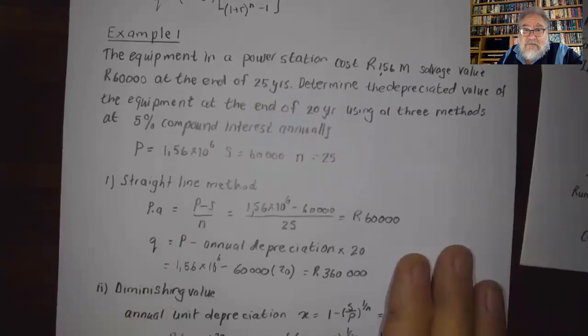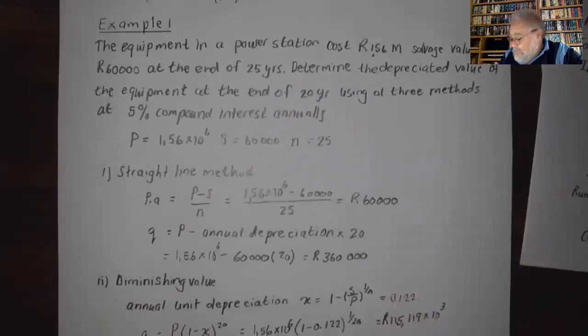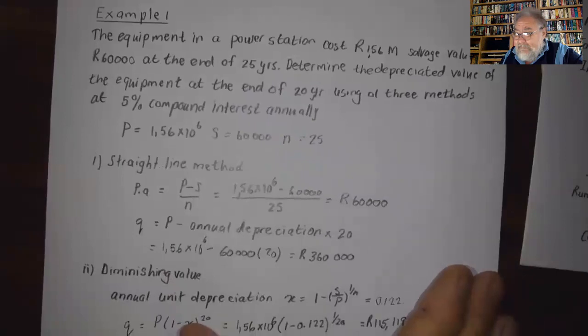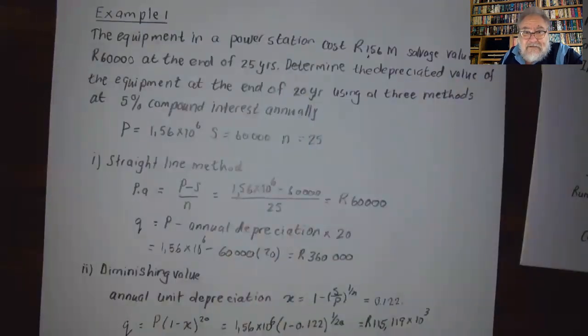Let's look at example 1. The equipment in a power station cost 1.56 million.